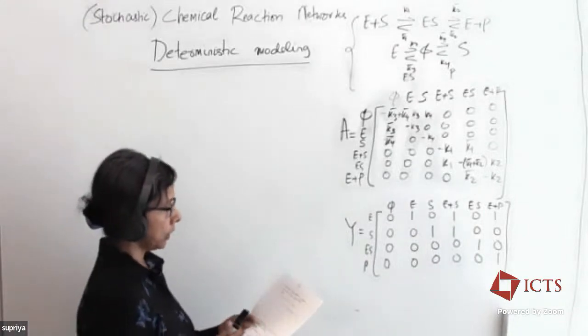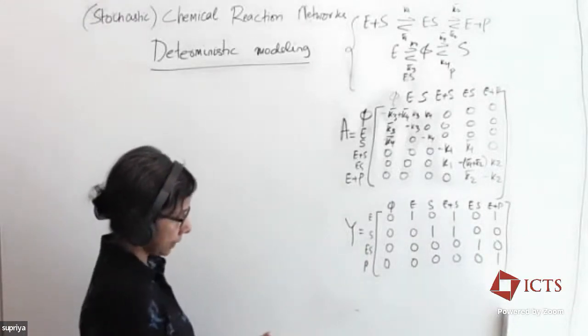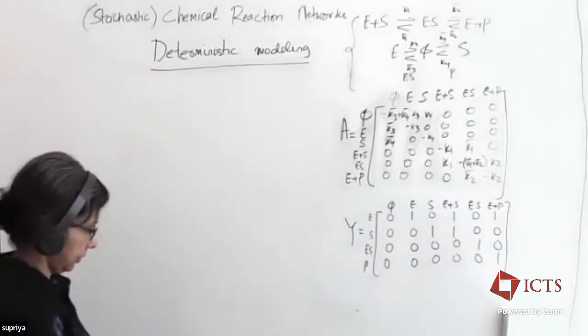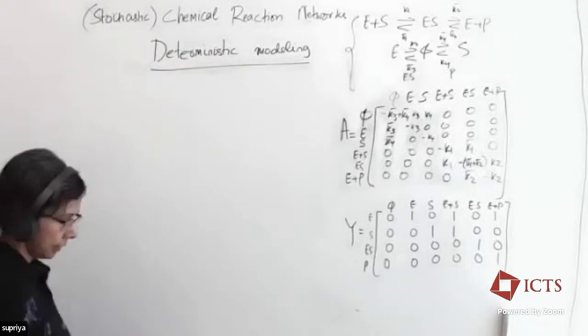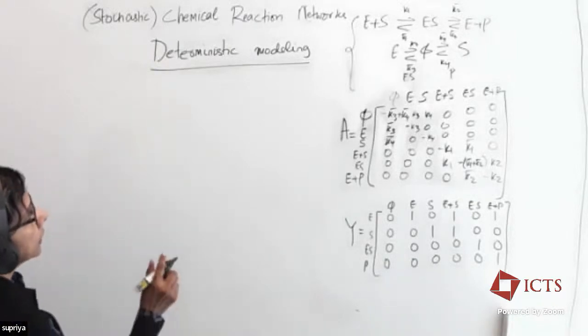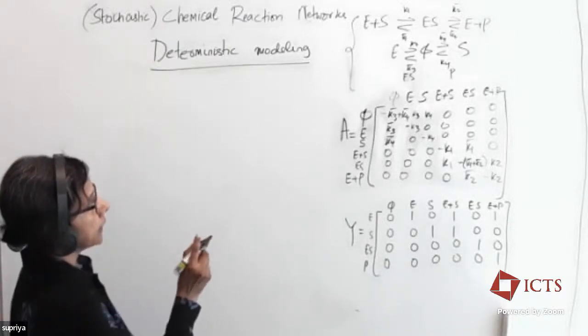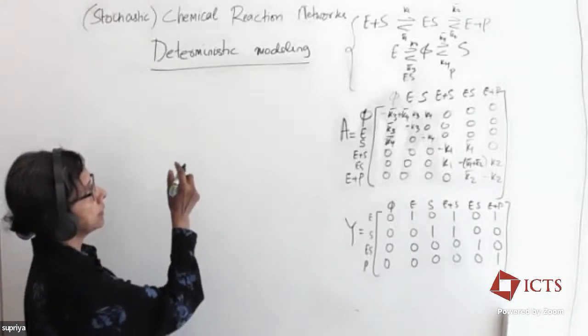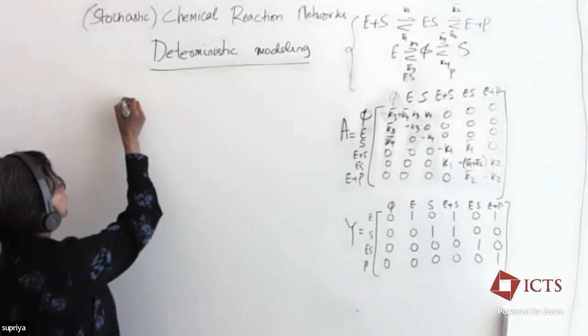So let's get back to our stoichiometric subspace, and let's hope that this pen is a bit darker than the other ones. The idea was the following, and I know many of you had some questions about it yesterday. So let's look at our reaction again.